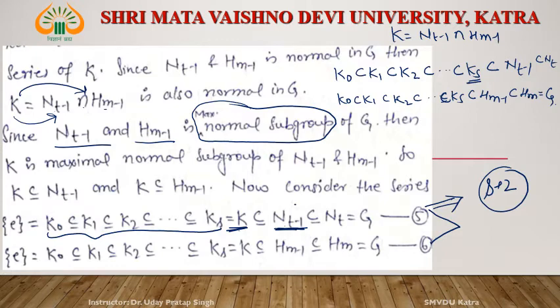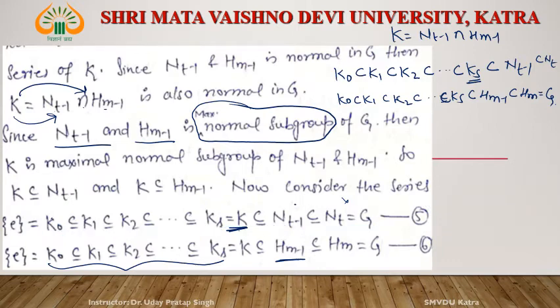At the time of evaluating the length, we exclude the group itself. So excluding this one, the length is s plus 2. Similarly, the length of 6 is s plus 2. From here to here, s plus 1 terms. So the length of 5 and 6 is s plus 2.